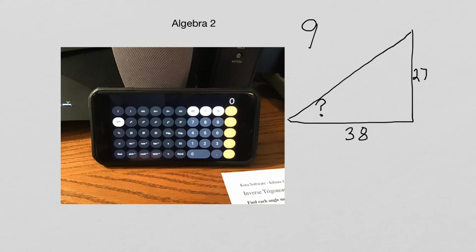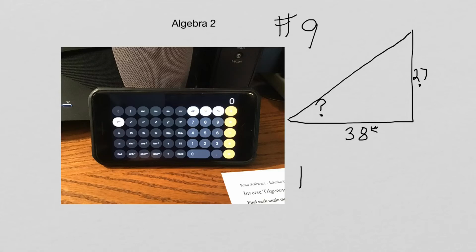All right, I'm going to look at number 9. We're looking at this triangle. We want to know what angle is the question mark. From that angle, the perspective is it's going to be opposite over adjacent. We know that opposite over adjacent is tangent.